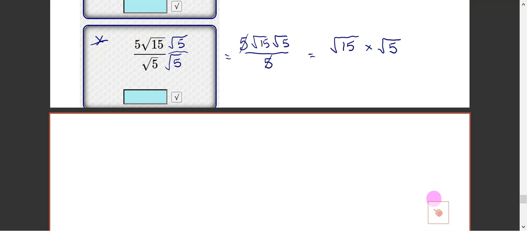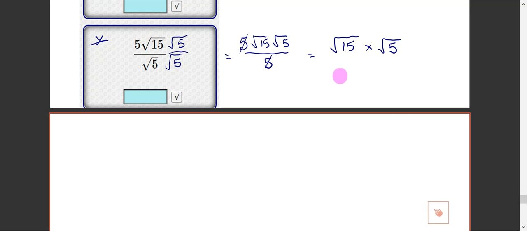Why? It's not. I was just wondering why. Any ideas what we do with this one? This is back to our basics. This is back to the first level, or second level. You put them together. Well, that's what Gordon did. He went, put them together, you get root 75, but we then have to simplify that. We've just done root 75 in the previous question. So let's try and do it.